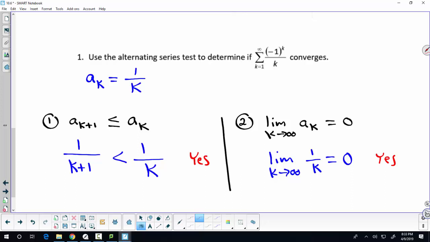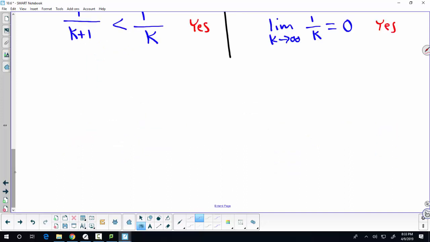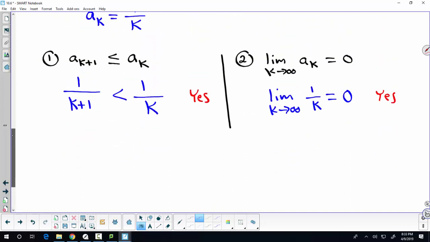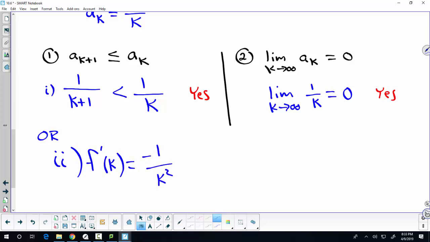It's non-increasing. Again, if you don't want to make this comparison here, we could look at the derivative, which is pretty simple in this case.